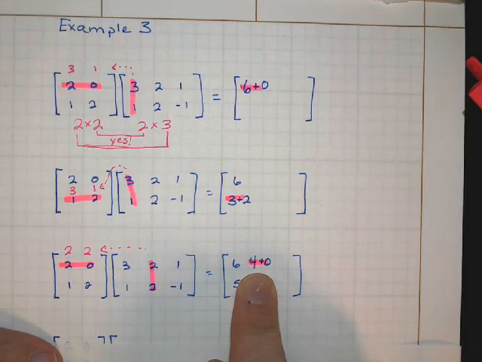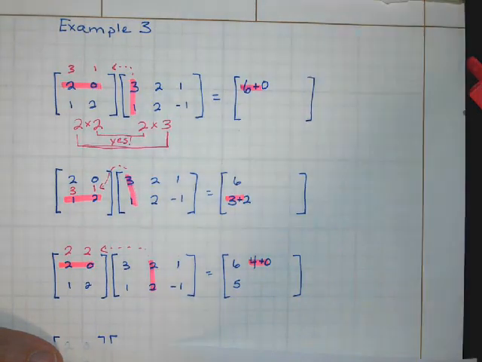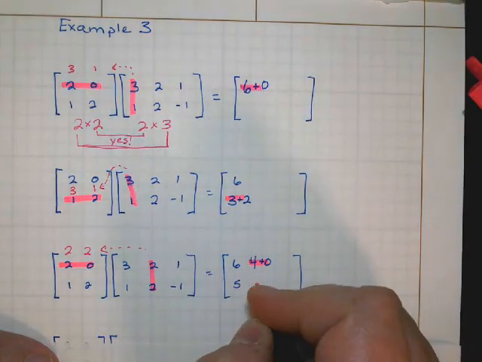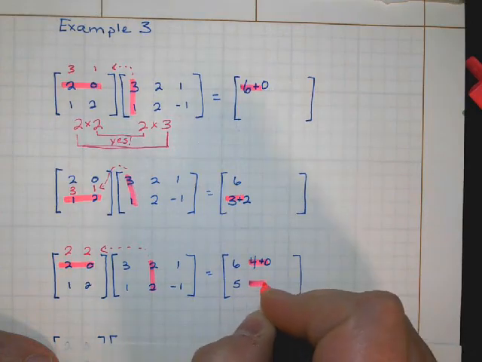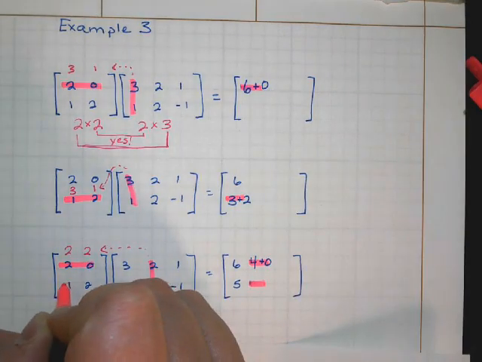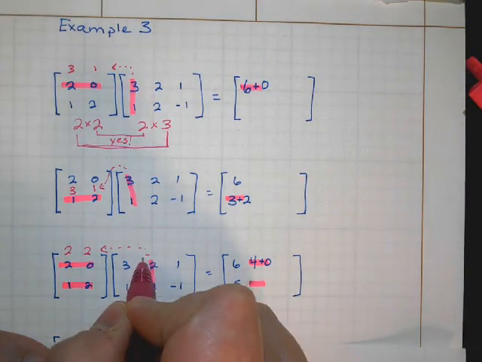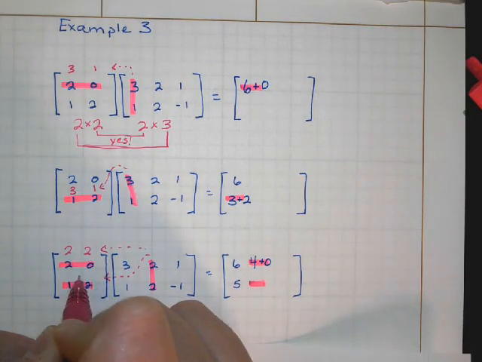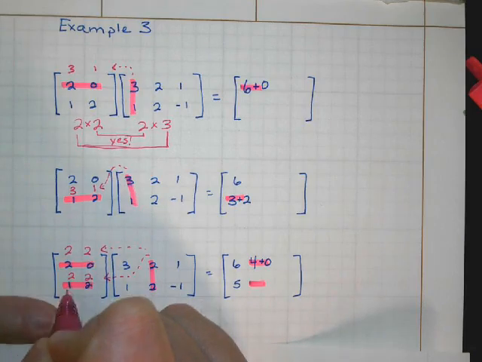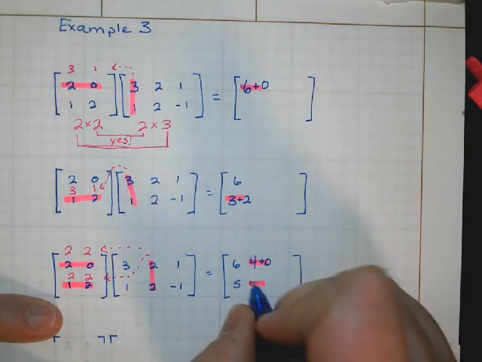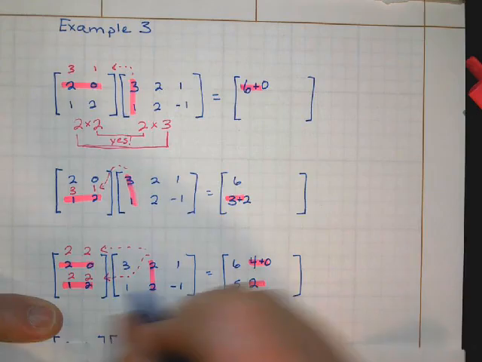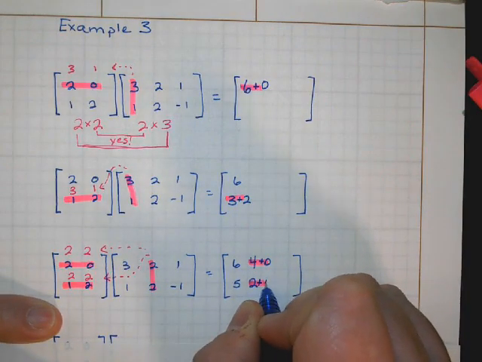Just for the heck of it, let's see if I can go ahead and sneak this bottom onto the same setup. So I need bottom, middle. So that's going to be bottom, middle. I'm going to take this, drive it out, 2 and 2. 2 times 1 is 2. 2 times 2 is 4.